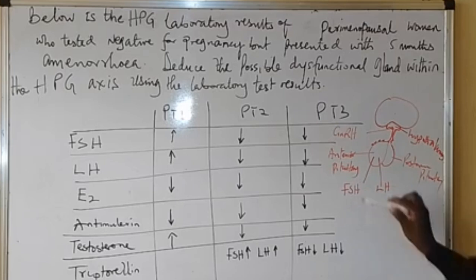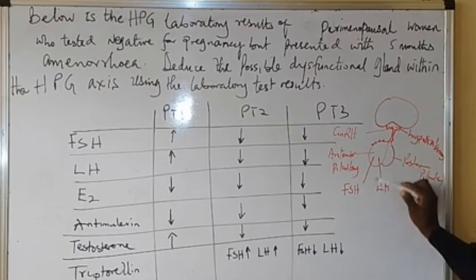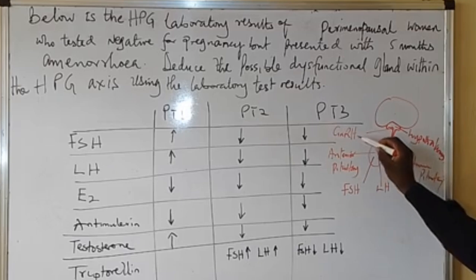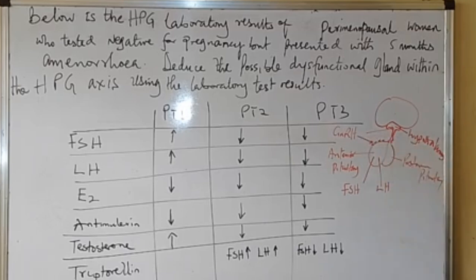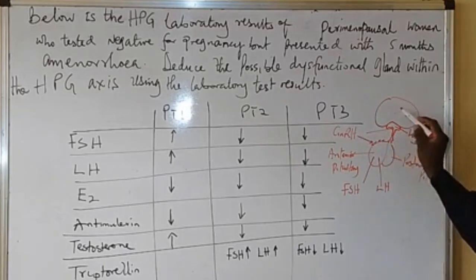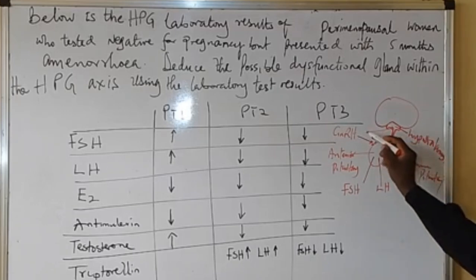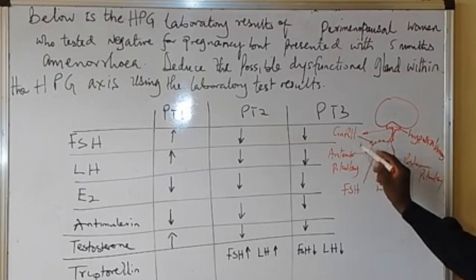So you can see FSH and LH, follicle stimulating hormone and luteinizing hormone, are both produced together by the anterior pituitary in response to what? Gonadotropin releasing hormone produced from the hypothalamus. So the hypothalamus releases GnRH.